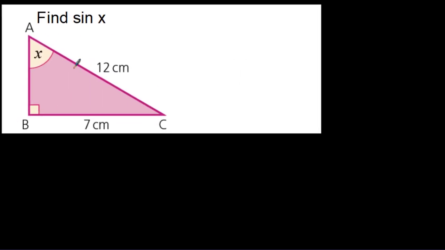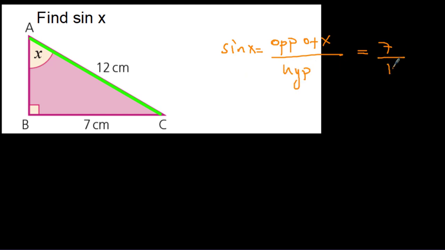And here, if we are talking about sine x in this triangle, sine x should be equal to the opposite of x, which is 7, divided by the hypotenuse. The hypotenuse is not changing, so the length of the hypotenuse is 12. So the answer is sine x is equal to 7 over 12.